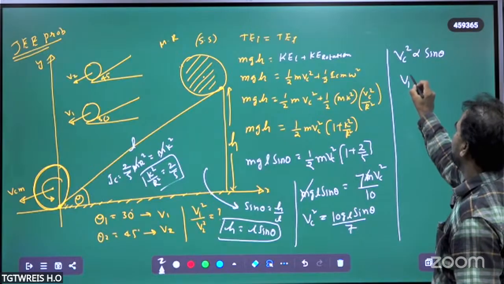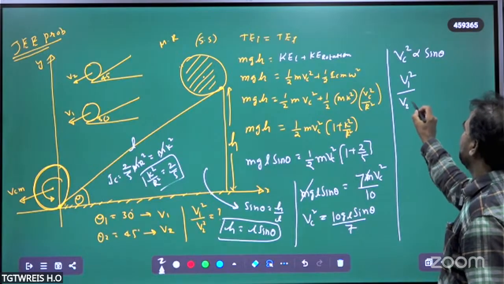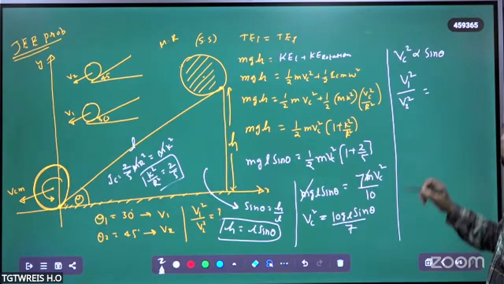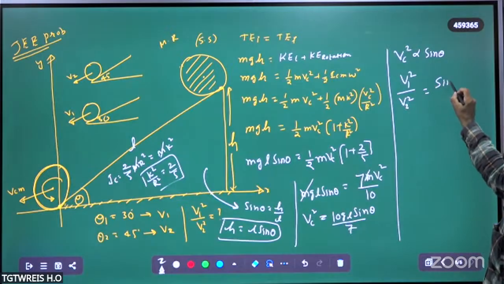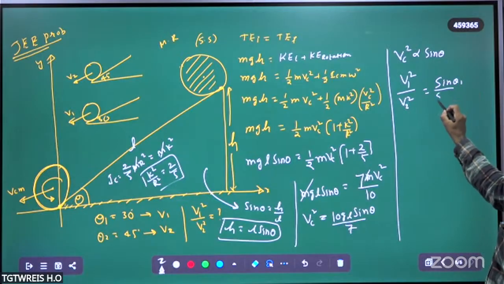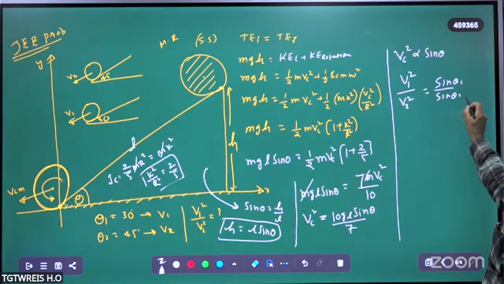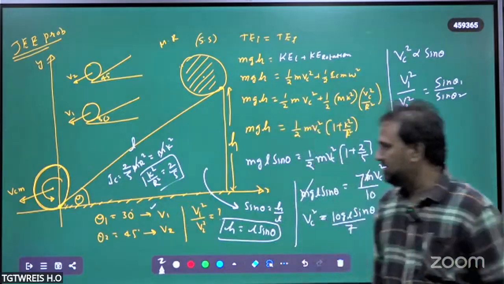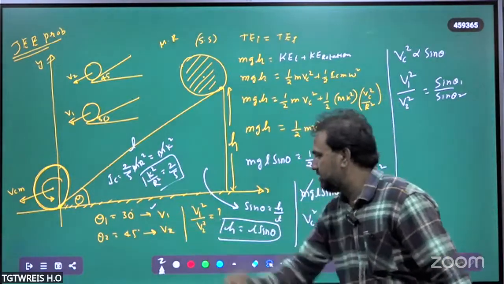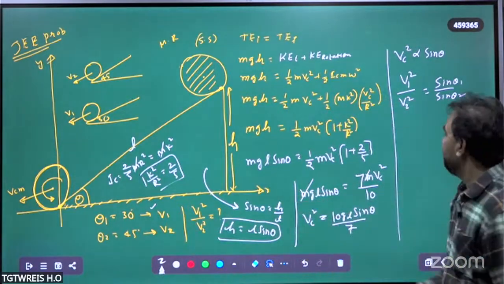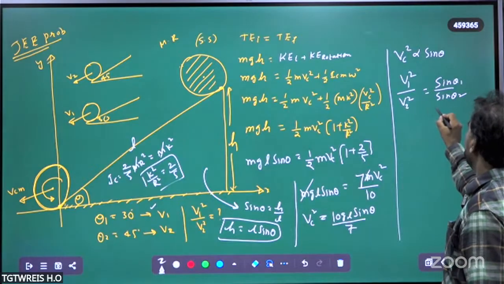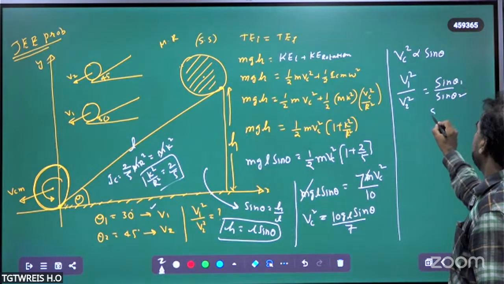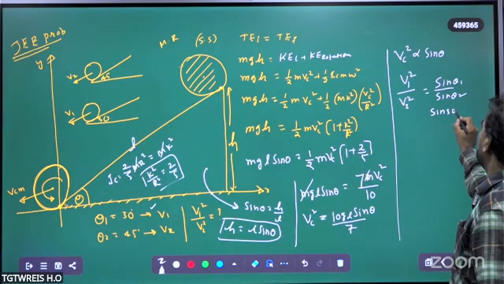From this, v1 square upon v2 square would be equal to sin theta 1 upon sin theta 2. What is sin theta 1? Theta 1 is equal to 30 degrees, and the velocity is v1. When theta 2 is equal to 45 degrees, the velocity would be v2. Substitute that value here. That is sin 30 upon sin 45.